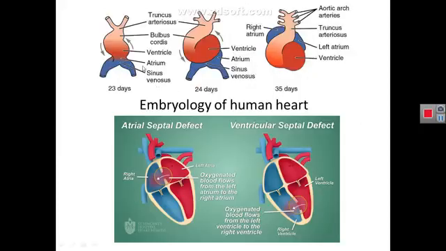As we said before, ontogeny recapitulates phylogeny. The term ontogeny means the development of an organ in the various stages of pregnancy, in the various stages of embryonic life.